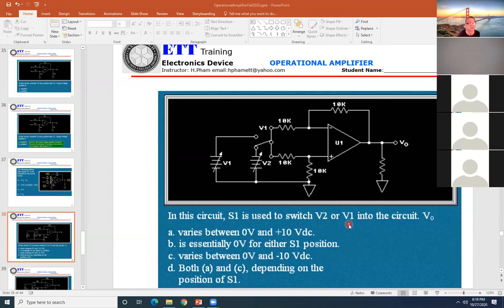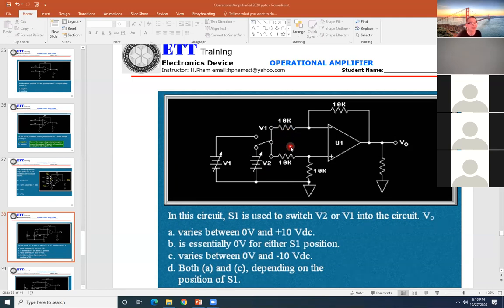B. You say D, B. B. Yes, sir. Okay, you say essentially 0 for either S1 position. Yes, sir, because both voltages still connect to both inputs. Perfect. D as in David? No, B as in boy. Yeah, perfect. The thing is, no matter what, the switch here connects to V2, both inputs V1, V2 are the same, right?